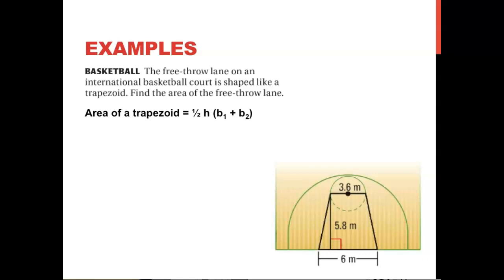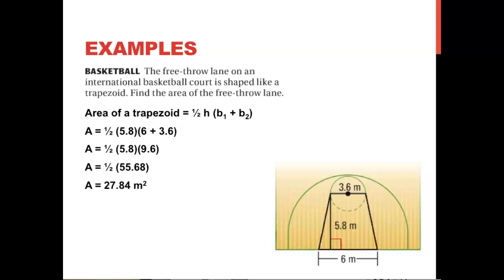So in this case, the 3.6 meters and the 6 meters are our bases. And the height is the one that is perpendicular to the two bases. That would be 5.8. So substituting into that, we end up with 1/2 times 5.8 times 6 plus 3.6. And simplifying this, we end up with 27.84 square meters.